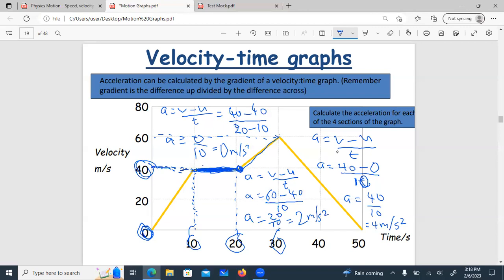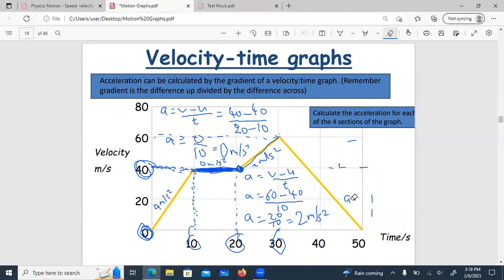So if you look at the graph, you see that in the first stage of the motion, our acceleration is 4 meters per second squared. The second stage, our acceleration is 0 meters per second squared. The third stage, our acceleration is 2 meters per second squared. Let me erase all of these lines so that the graph will be easy for you to visualize.